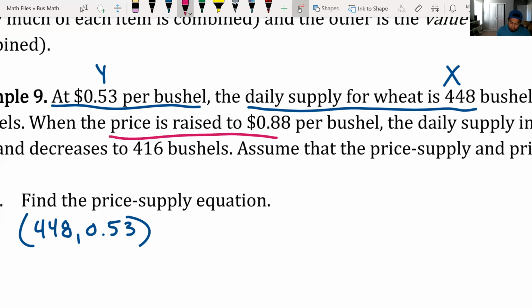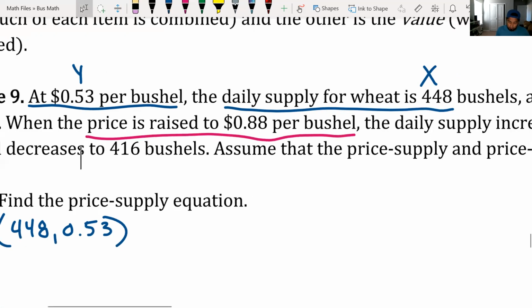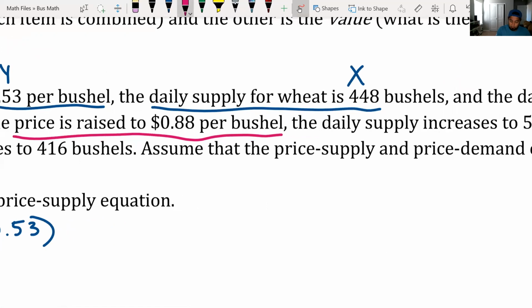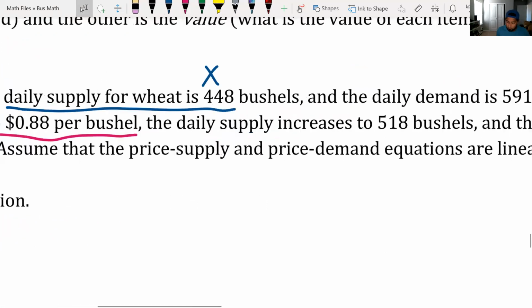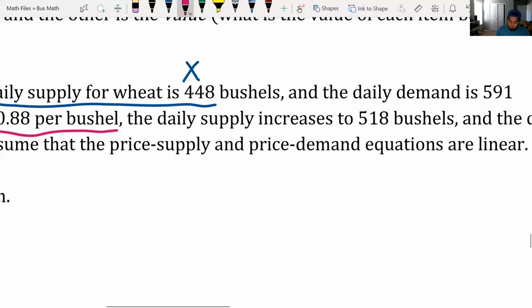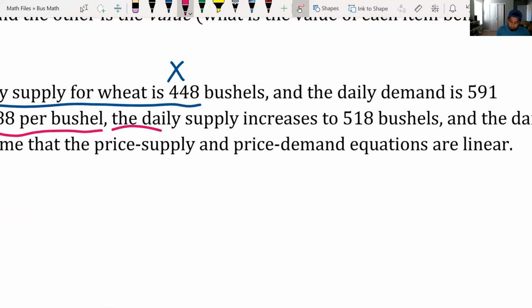Now let's look for the other supply point, which is down here. When the price is raised to 88 cents per bushel, the daily supply increases to 518 bushels.